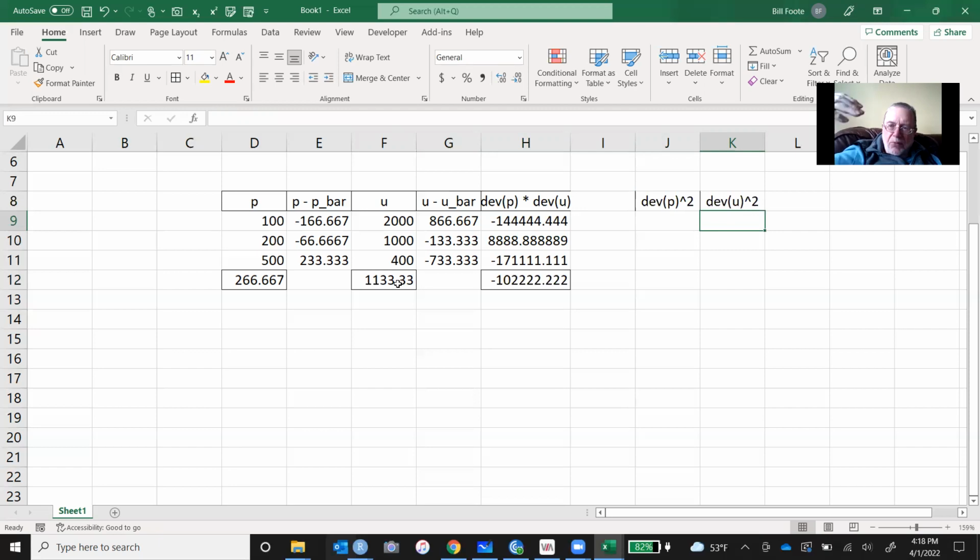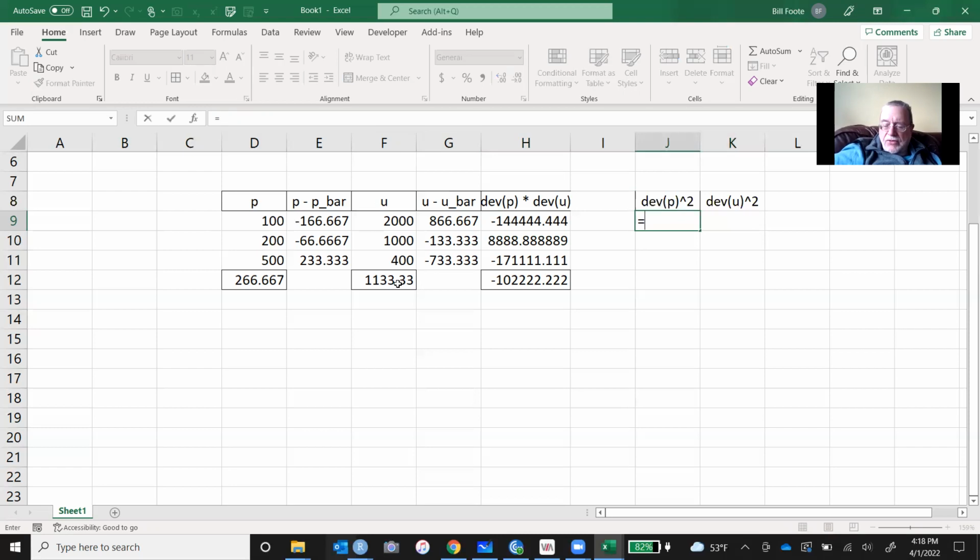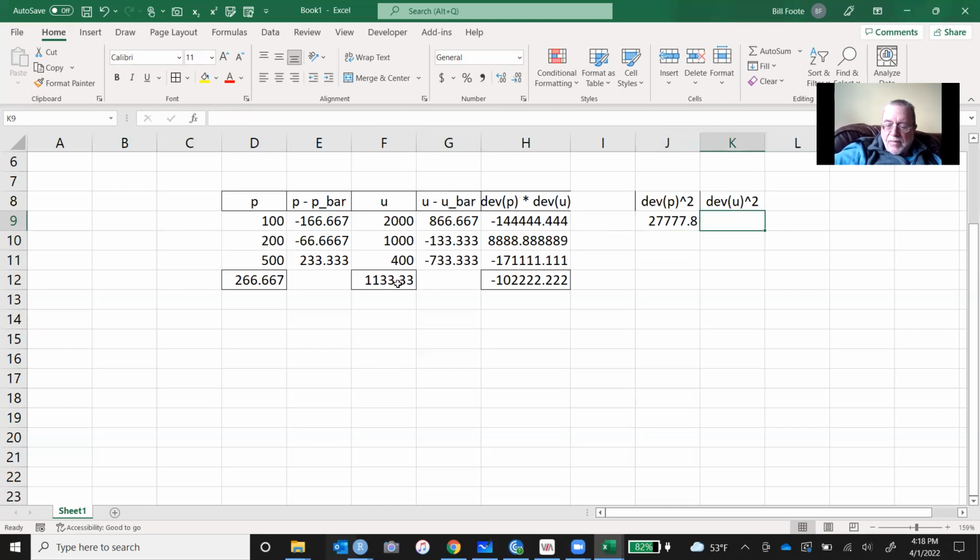I'm going to be computing the ratio of covariance, that great big negative 102,000 number, divided by the product of the two standard deviations. That's where I'm going with this. Let's go there. This is equal to that number squared. Notice it becomes positive. And the deviation of units sold squared. Okay, big numbers.